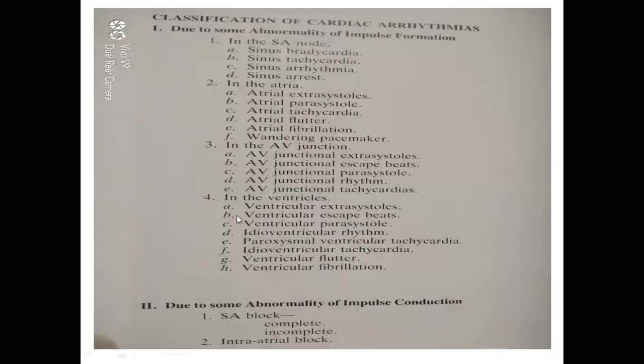Now we come to the ventricles. What will the ventricle produce on the ECG? RS, and a small Q can also come.